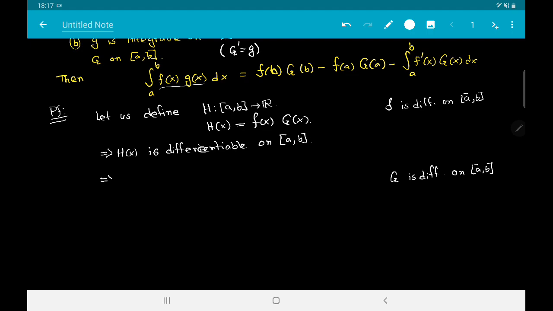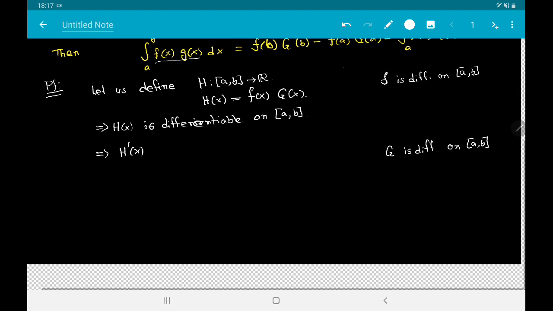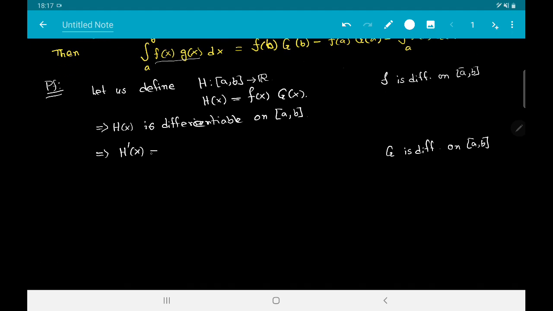So let us try to compute the derivative of h with respect to x. We see that this is equal to f(x) times small g(x), remember that small g(x) was the derivative of big G(x), plus f prime x times big G(x). This is simply the product rule for differentiation.